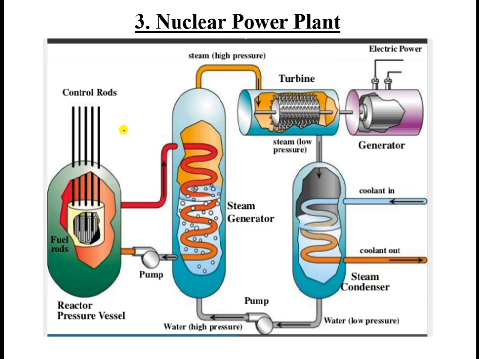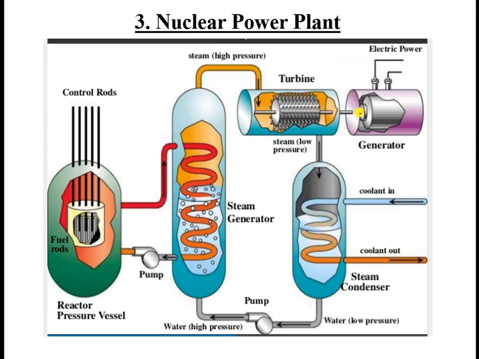So again I'm repeating, this is a nuclear reactor in which fuel rods, control rods, and moderators are present. This is the primary coolant, or the primary circuit, through which the coolant flows, giving away its heat to the water, which will be converted into steam. Again it will pass through the turbines.